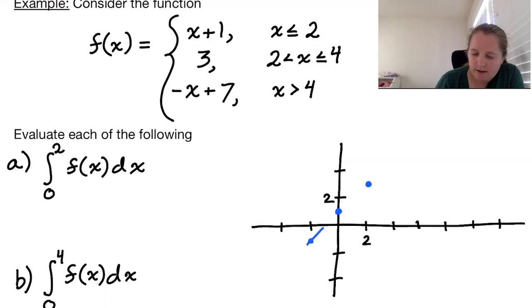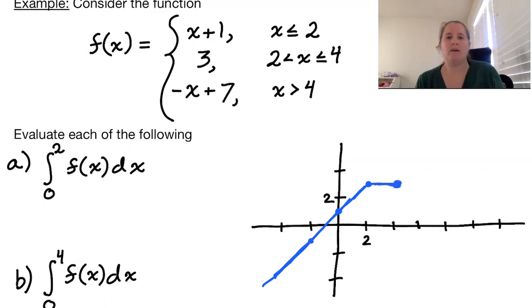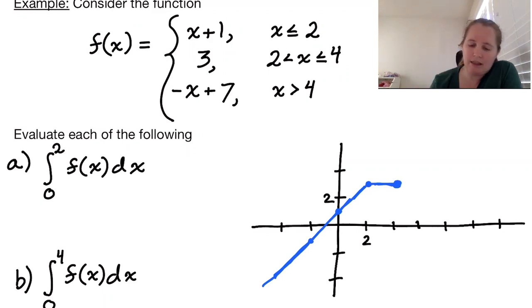So we're looking at this line here. And then we have the constant line at y equals 3 between x equals 2 and 4. And then negative x plus 7, that was meant to be plus 7, so that when we plug in 4, we are still at 3.